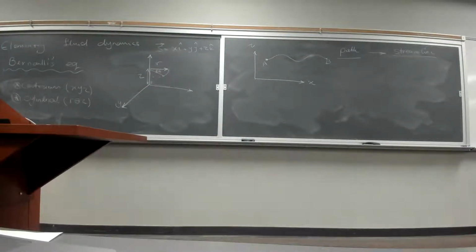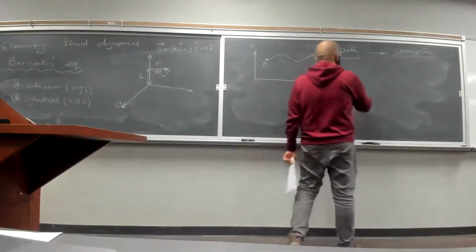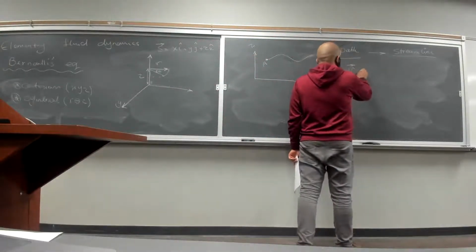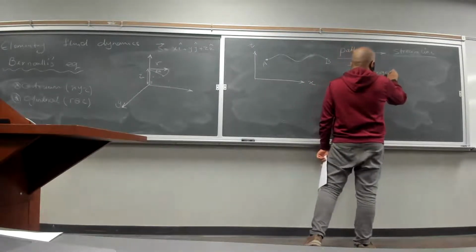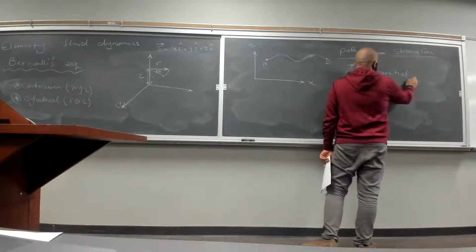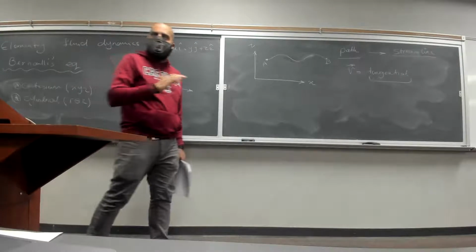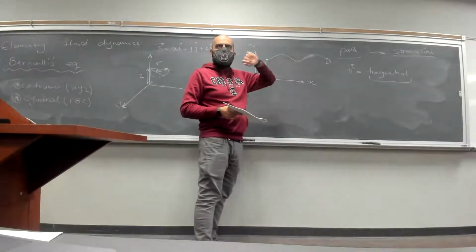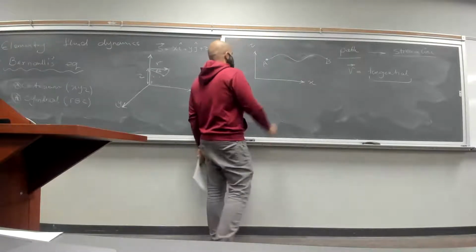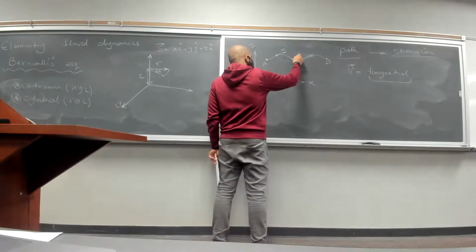And we can describe a motion of a particle inside a fluid by a velocity vector that is tangential to this path. So a streamline is a path a particle takes that the velocity vector is tangential to it, right? So at each point, your velocity vector will be tangential.